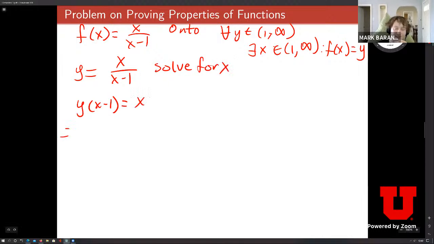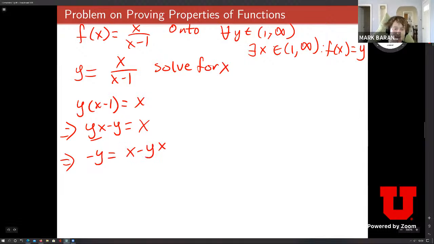That means that yx minus y equals x. And then we can move this over here. So we get minus y equals x minus yx.